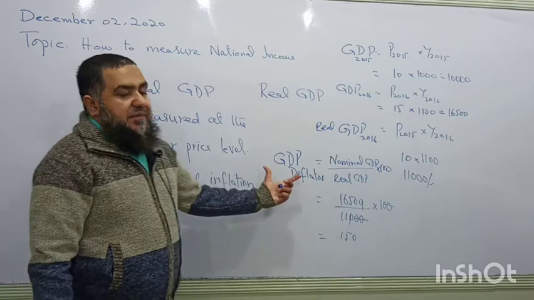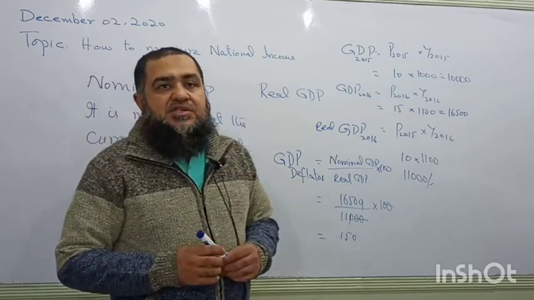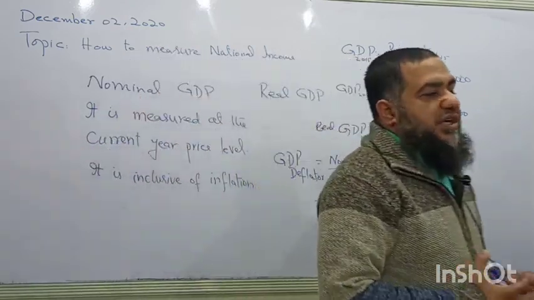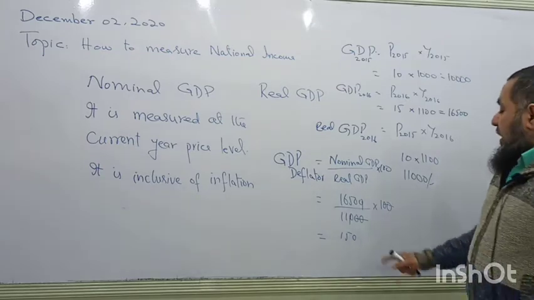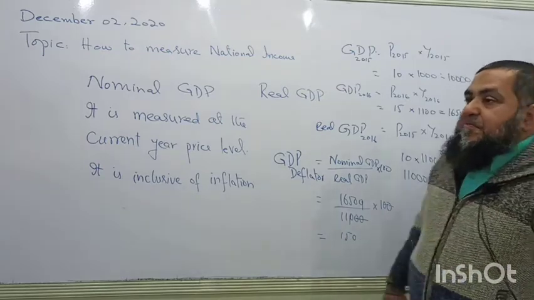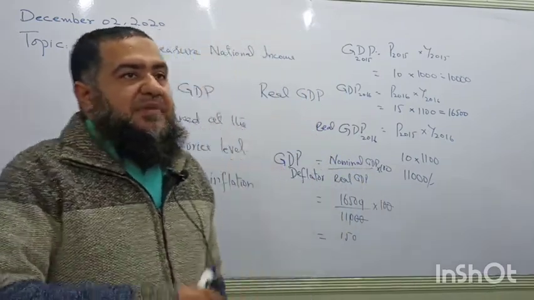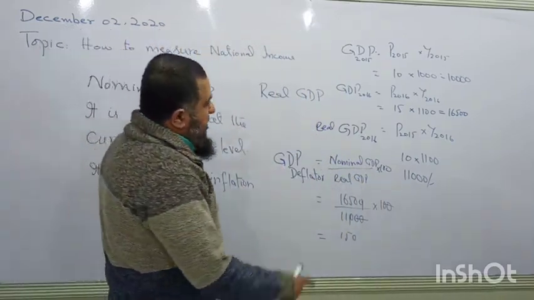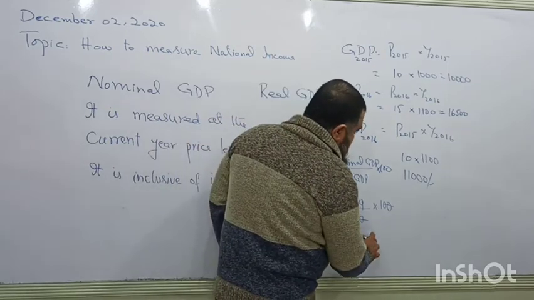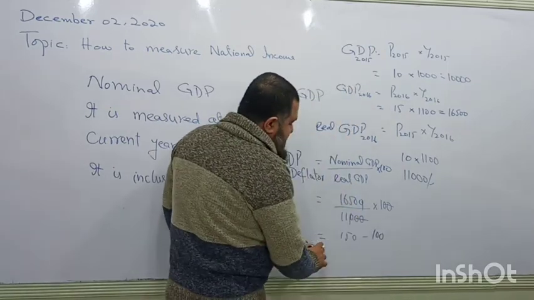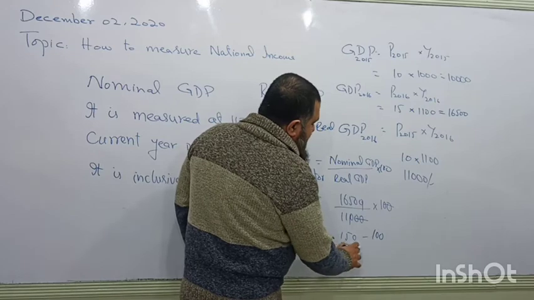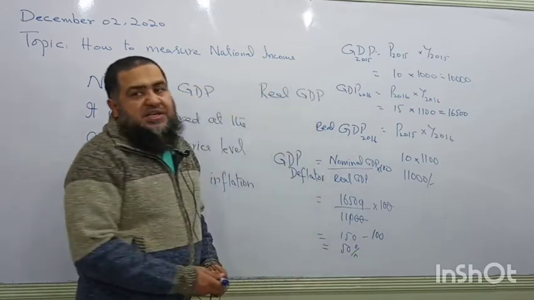So this is actually the same thing like consumer price index. We measured inflation by that index. Now 150 means this GDP deflator is 50% higher than the base year. So we say the prices have been increased, if we deduct the base year index, that is 100. So prices have been increased by 50% in this period.